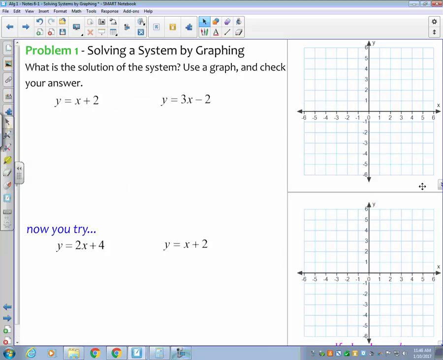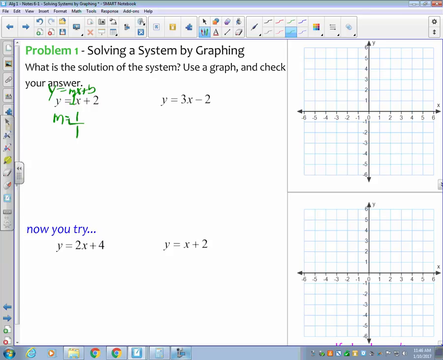All right, so we need to graph y equals x plus 2, and right above that I'm going to write y equals mx plus b. In this scenario, because I only have one x, our slope is 1. Whenever we have a whole number slope, we just put it over 1.